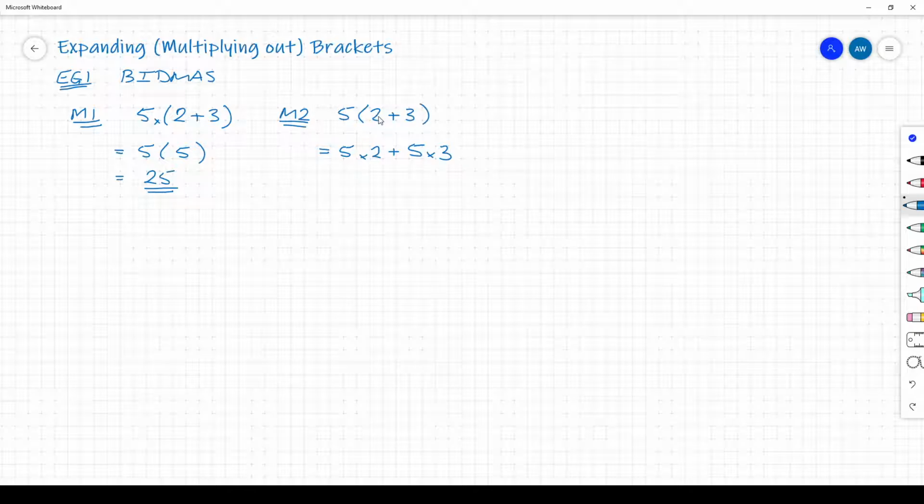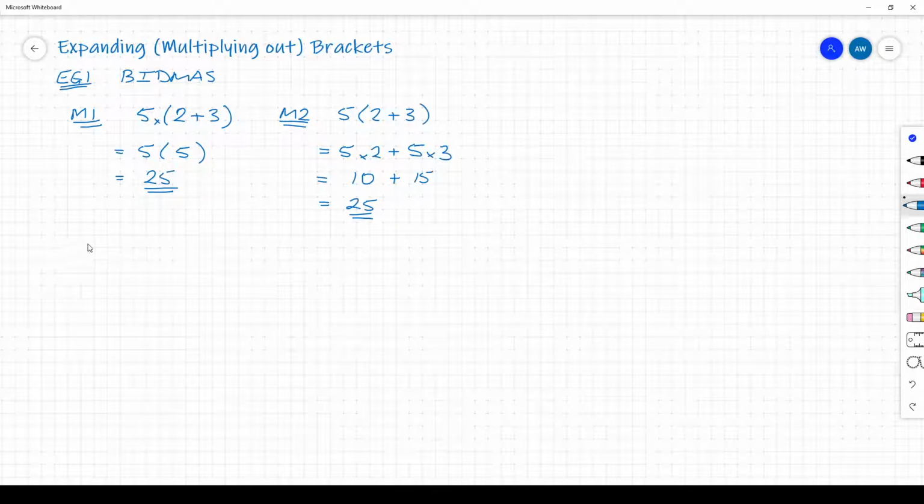So this time, instead of following BIDMAS and working this out inside the bracket and then timesing by 5, I'm going to times each number by 5 and then add up my answers. And if you've looked already, you should have worked out by now that that's going to be 10 plus 15, which is of course 25 as well. So we can multiply each number separately by the number outside and then add them up, and we still get the same total.